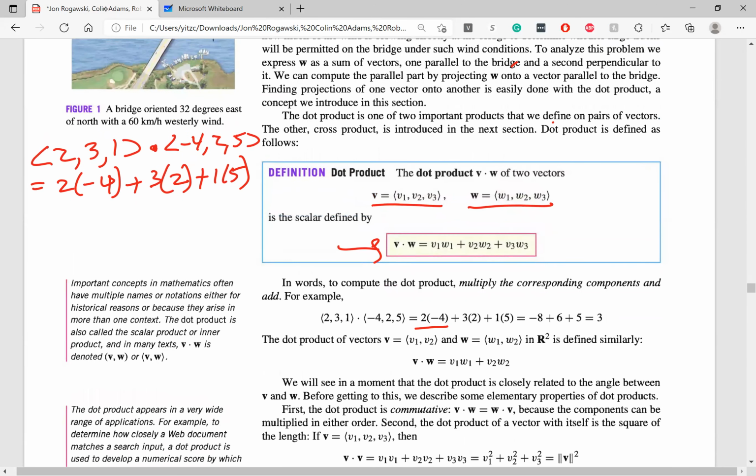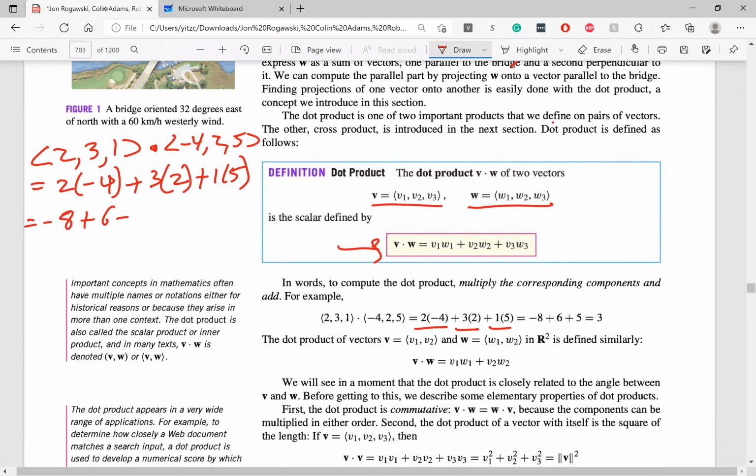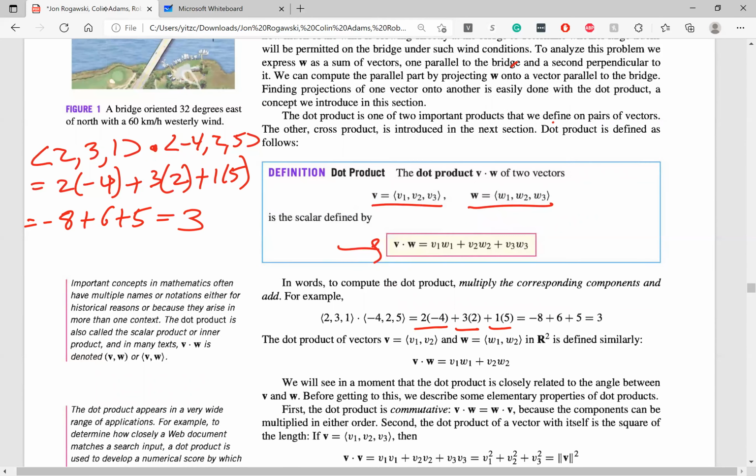First components get multiplied, second components get multiplied, third components get multiplied, and you add them all together. So that's -8 plus 6 plus 5, which is going to give you 3. And you get a number.